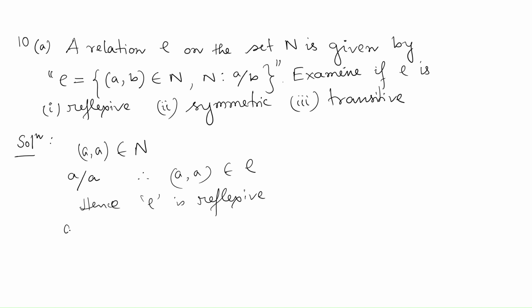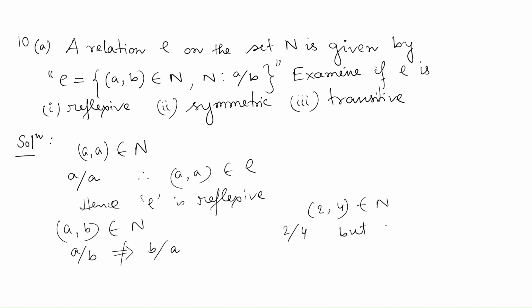Next, let us take (a, b) belongs to N. a divides b. It does not imply that b divides a. Let us take one example. Say (2, 4). It belongs to N. 2 divides 4. But 4 does not divide 2. Therefore, rho is not symmetric.